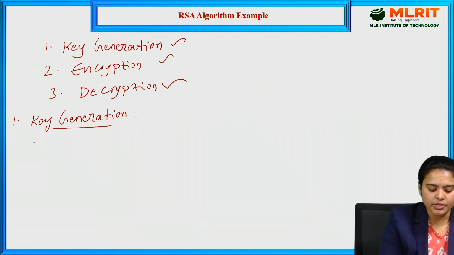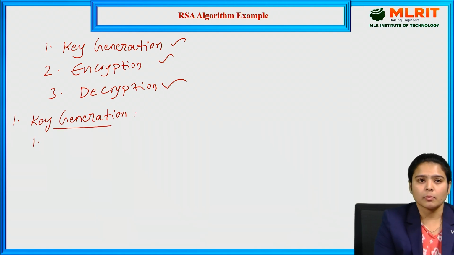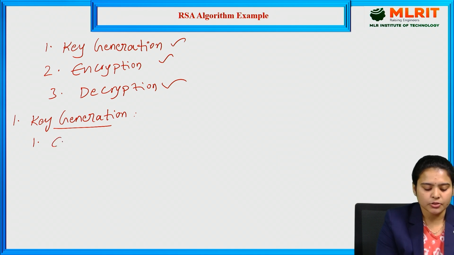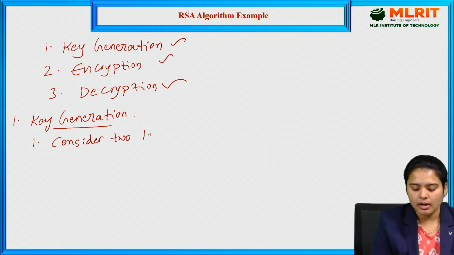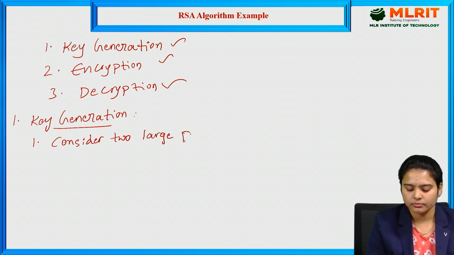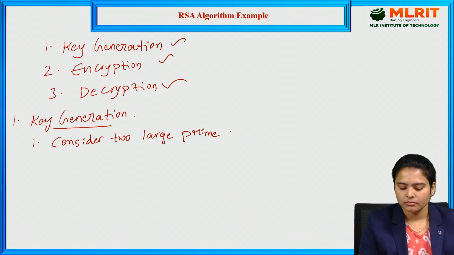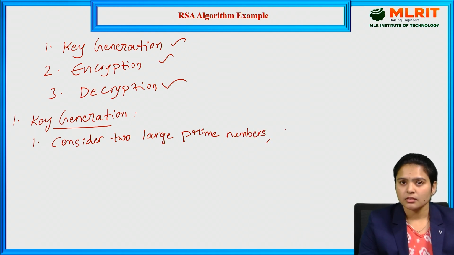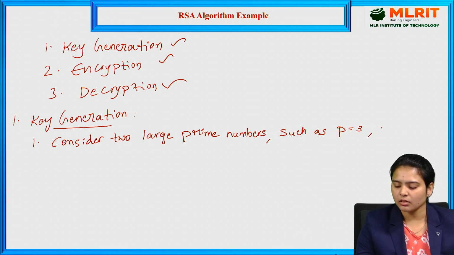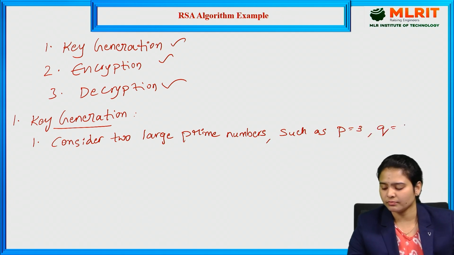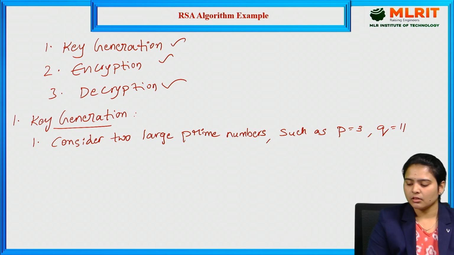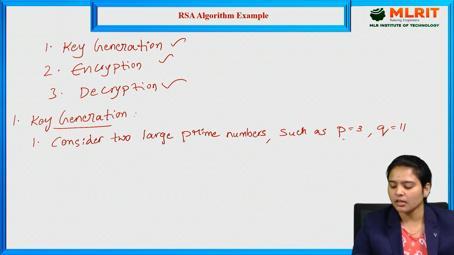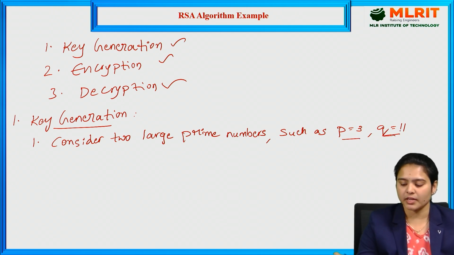In key generation, we need to follow some steps. First, we need to consider two prime numbers, such as P equals 3 and Q equals 11.